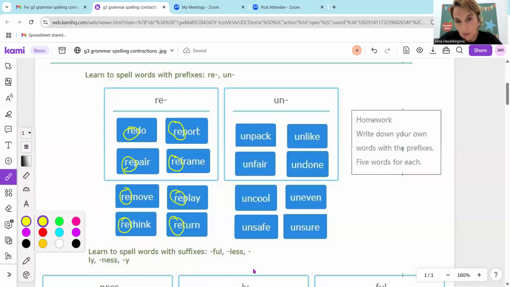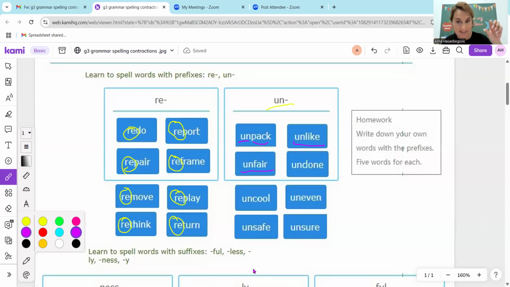Now, the next one is also a prefix, and this prefix is un. Unpack, unlike, unfair. Now, remember what I said at the beginning? Un means not.